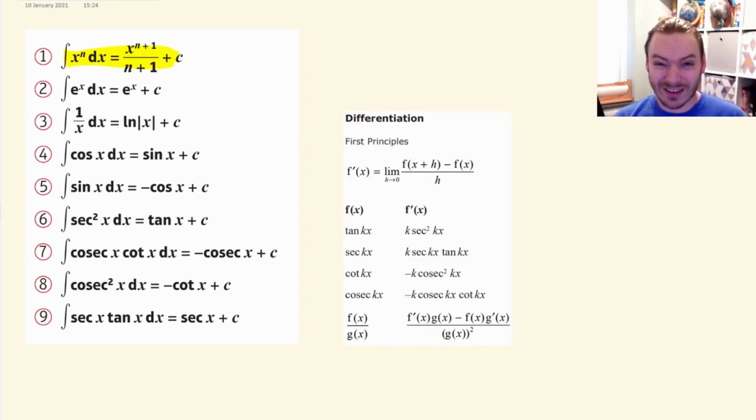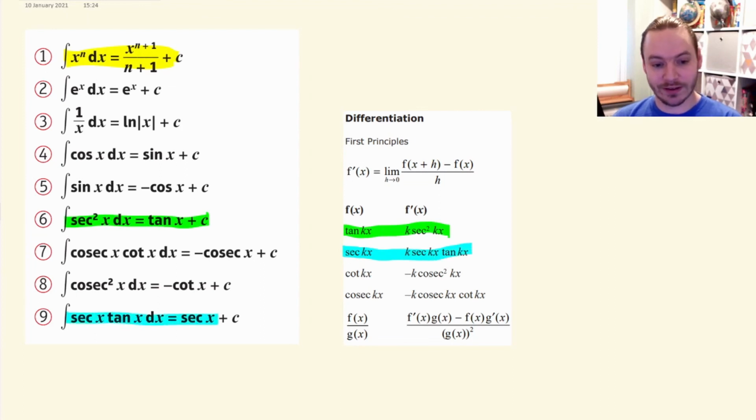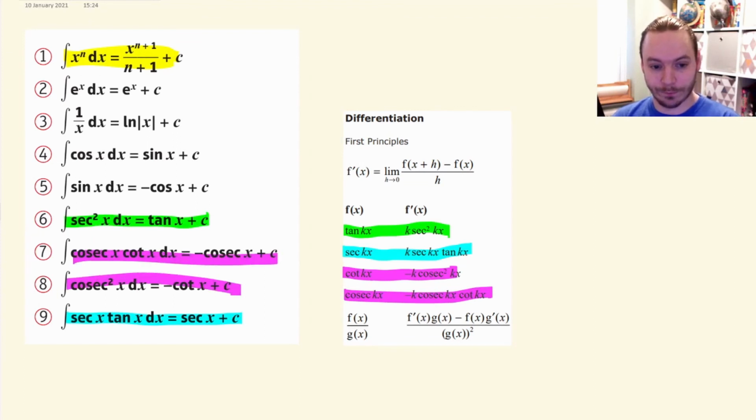I also want to point out that this little snippet down here is from the formula book in the differentiation section, and you can see that it tells us differentiating tan gives us sec squared, integrating sec squared gives us tan. It tells us that differentiating sec gives us sec tan, so integrating sec tan gives us sec, and similarly we've got cot and cosec giving us these two.